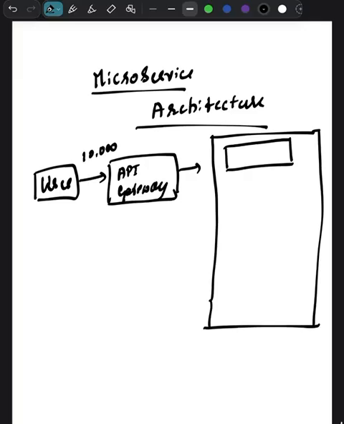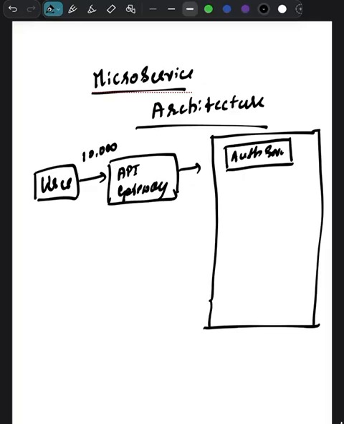So the call goes to the auth service, the authentication service, for user identity verification. The user provides his username, password, details, and it verifies whether the user is genuine.